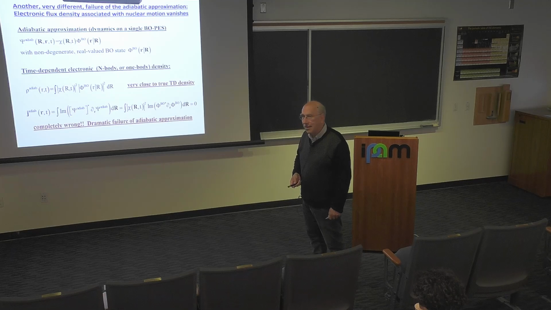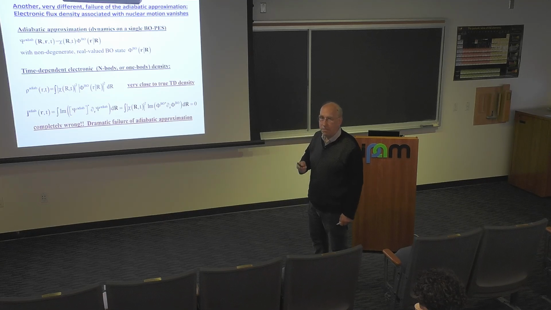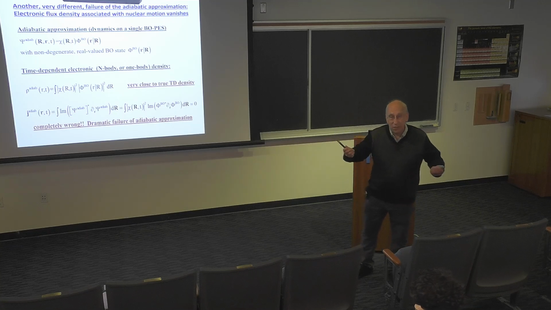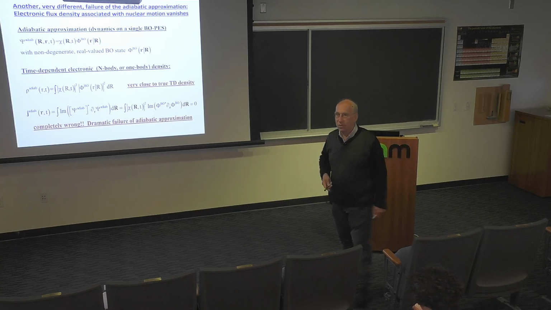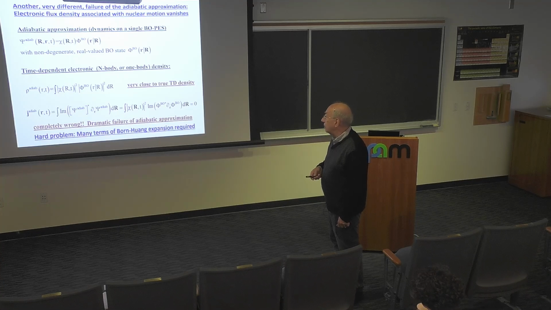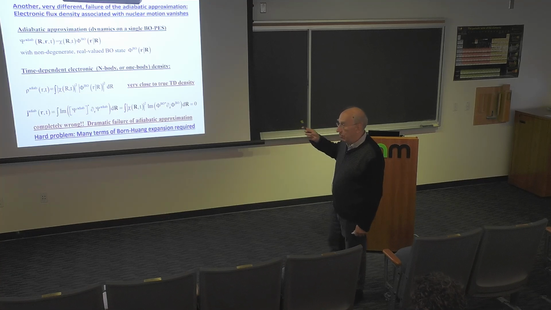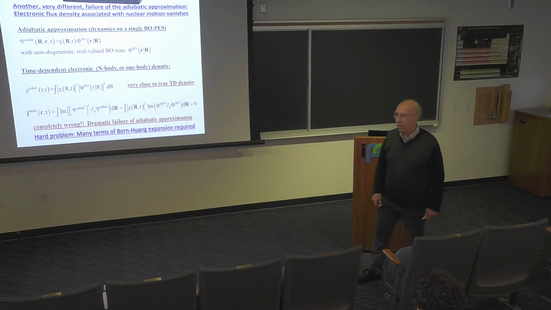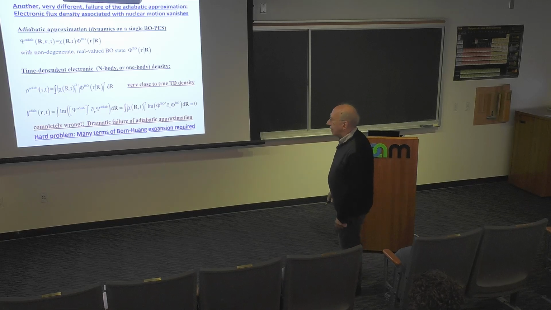Now, this turns out to be a particularly hard problem. So if you find this, well, what can you do? You can go back to the Born-Huang expansion and try to solve these equations as well as possible. But then, turns out, if you try that for this specific problem, many terms of the Born-Huang expansion, hundreds, are necessary.